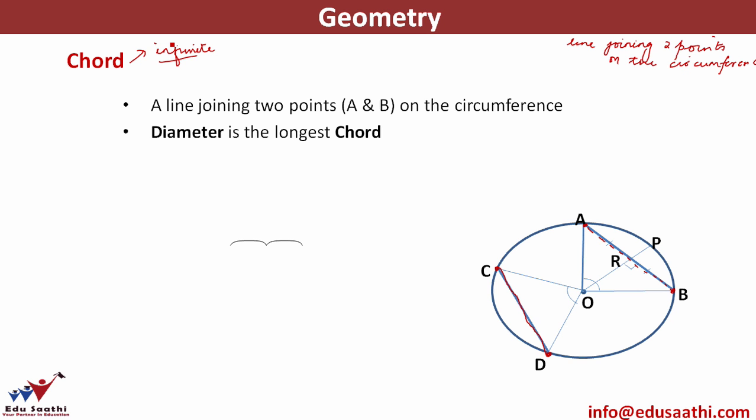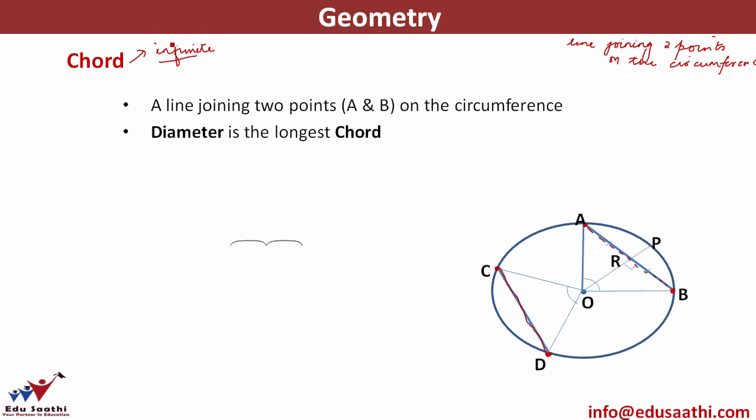Now if I talk about an infinite number of chords, I can always find which can be the largest chord. The largest chord would be the chord on the points which are far apart on the circumference of the circle, and if I join these 2 points, the chord that I will get will definitely pass through the center of the circle and will be the diameter.